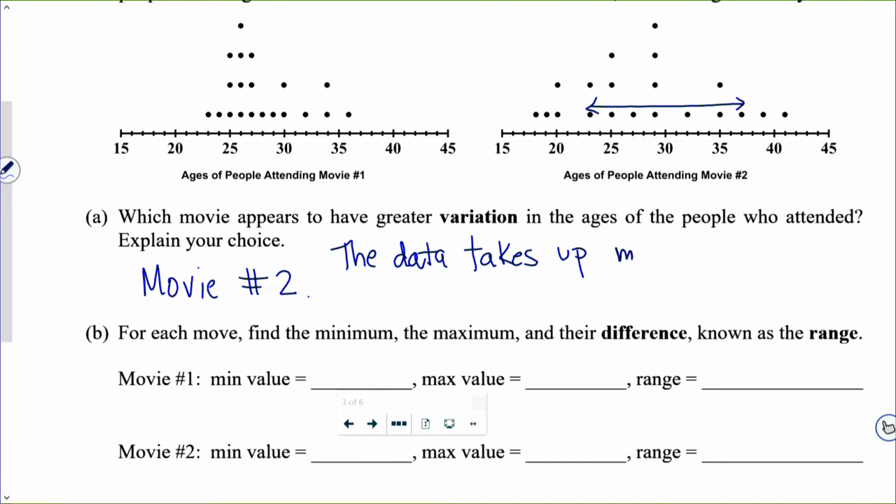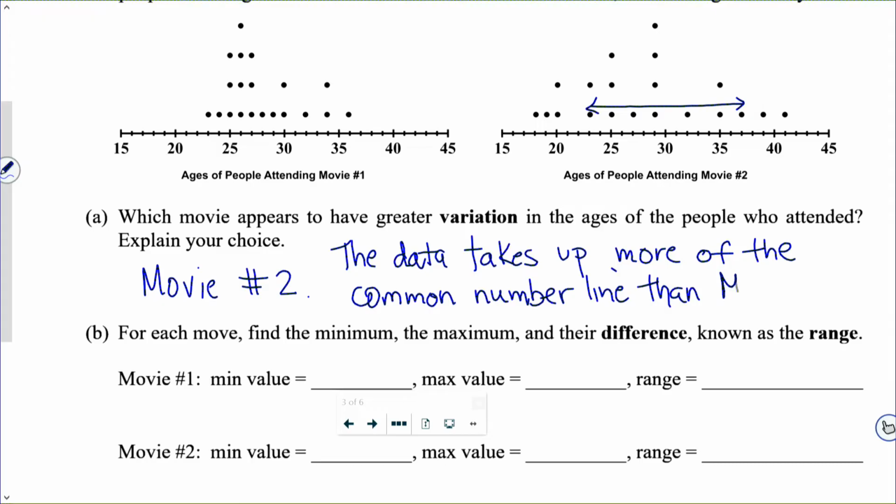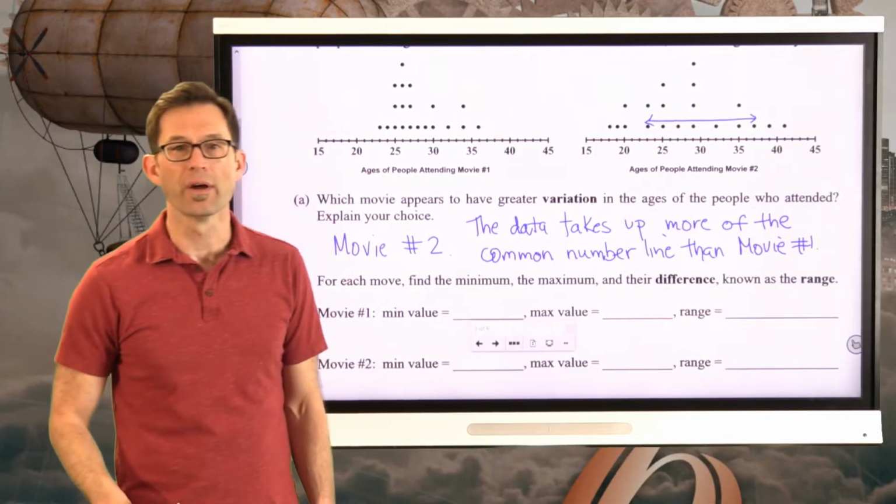I'm going to just say the data takes up more of the common number line than movie 1. It just takes up more space, right?